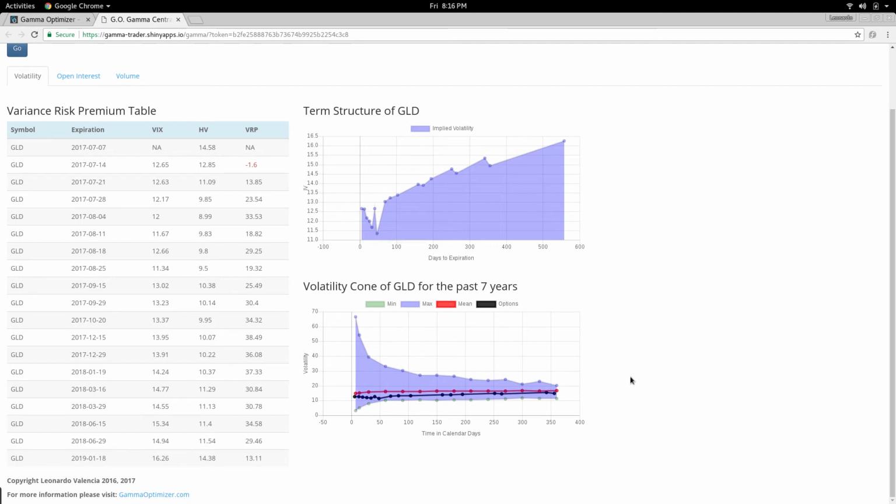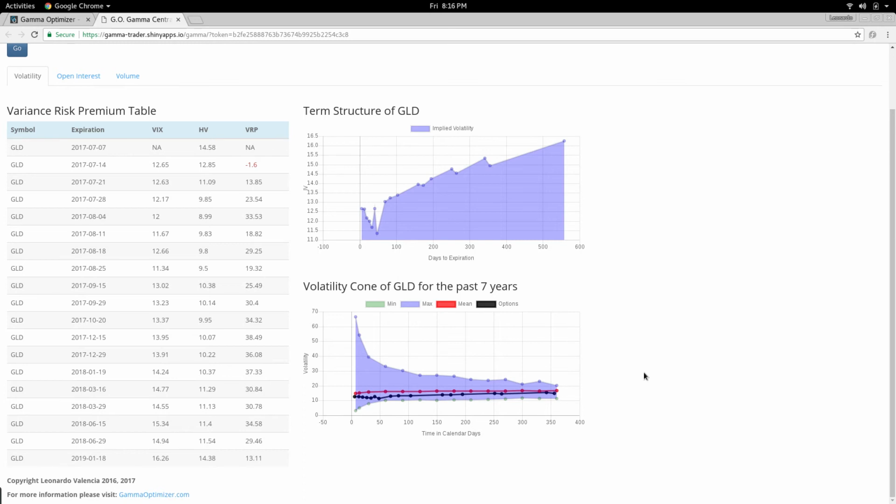The volatility cone is something a little bit more complex. The volatility cone is a very useful tool, and I think it is the main tool that I use and all the professional traders use to establish what the current regime is compared with the historical context. So this volatility cone is based on 7 years.